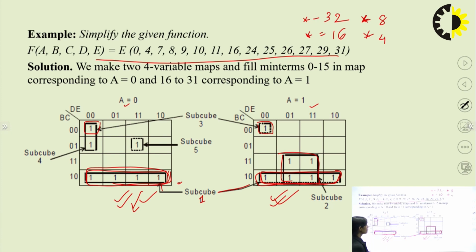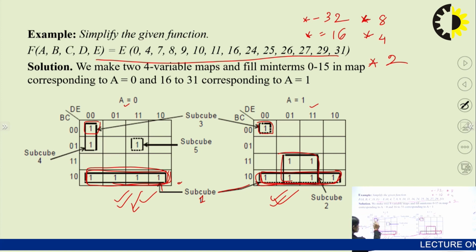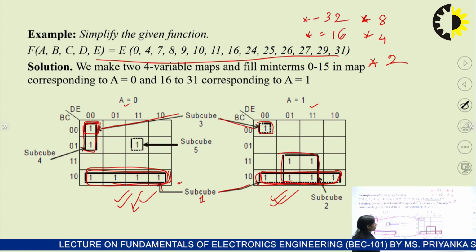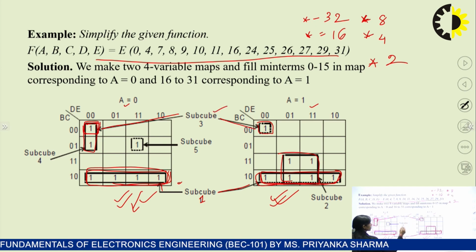After this, there is no group of 4, so from 4 we come back to 2. Now if we find the groups of 2, we have one group of 2 here and one group of 2 which I found in both the K maps. So this is treated as subgroup 3.